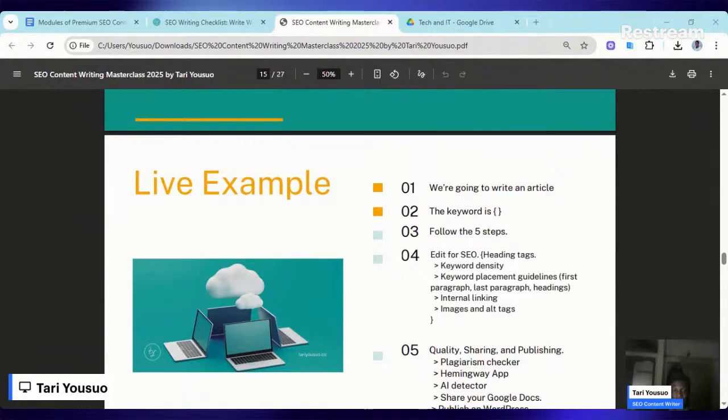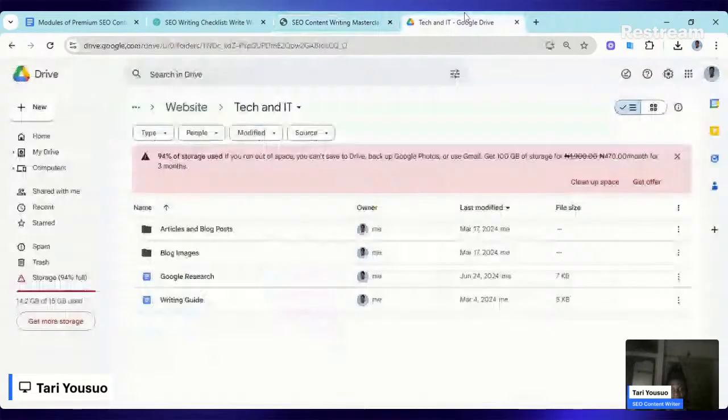That is what we are going to write about.